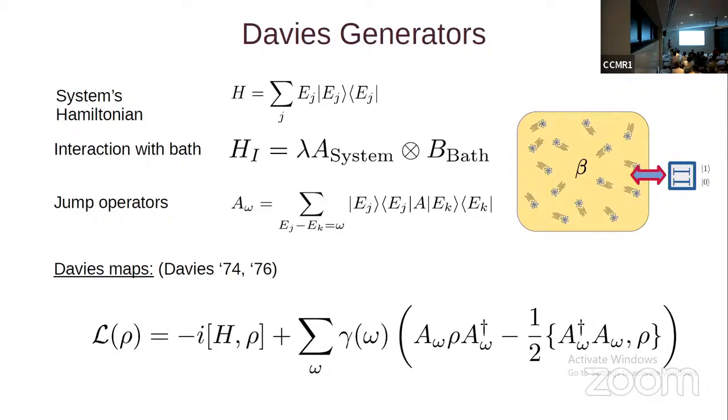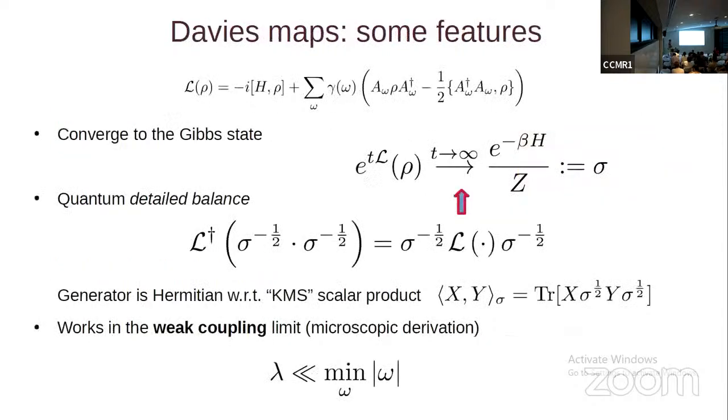Now, this was done in the 70s, so why aren't we too happy about this thing? It has some very nice features. It has convergence. It satisfies a quantum version of so-called detailed balance, which is a condition that not only tells you that the Gibbs state is the fixed point of this evolution, but also tells you that this map is Hermitian in a well-chosen scalar product.